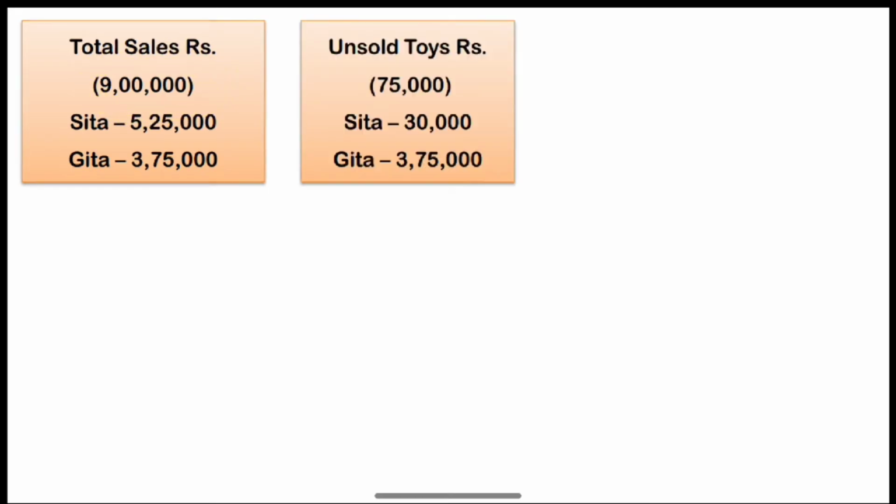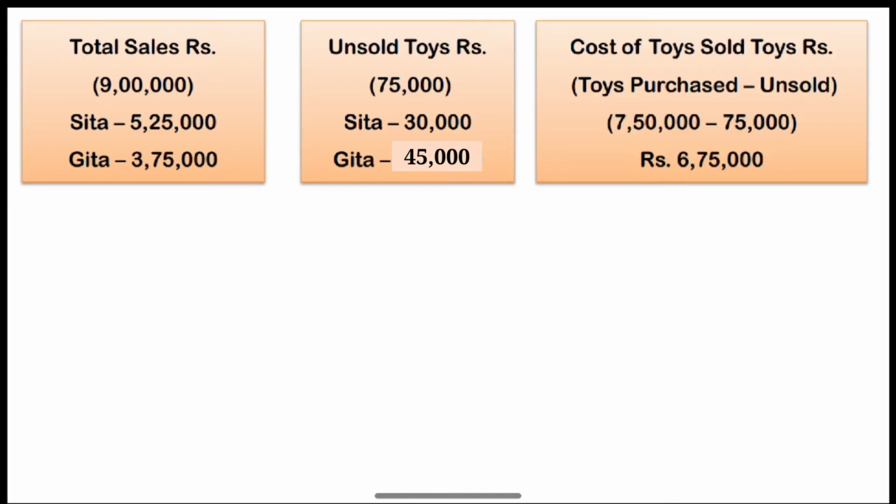See here, total sales: 5,25,000 is the sales of Sita, 3,75,000 is the sales of Gita. Total sales 9 lakh given. Second, we have unsold toys 75,000: Sita 30,000, Gita 45,000. Clear?